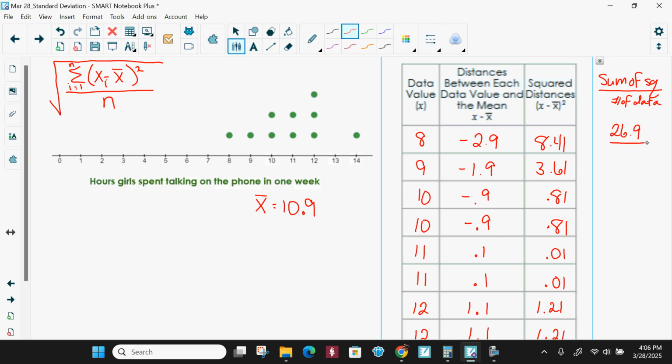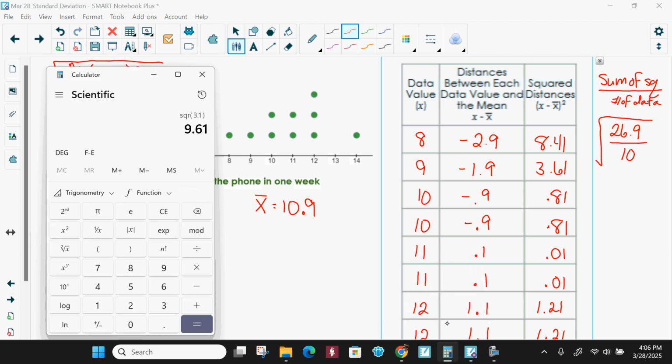You divide that by the 10 values you had, and take the square root. 26.9 divided by 10 is 2.69. Now take the square root of that, and you get 1.64. So that's your standard deviation.